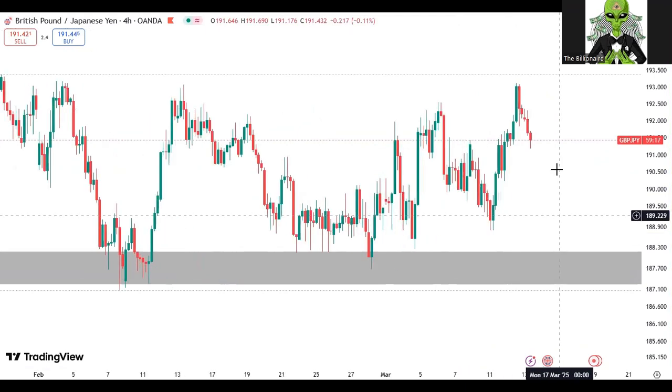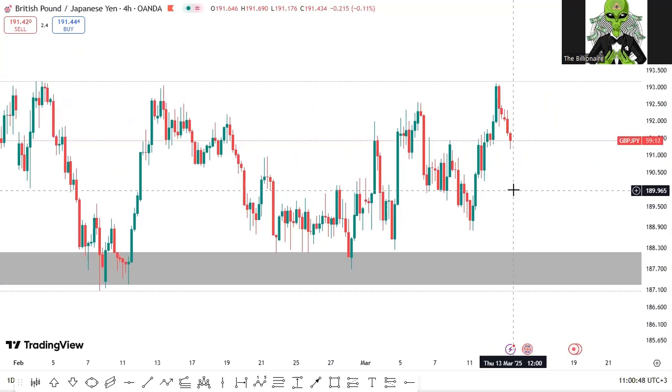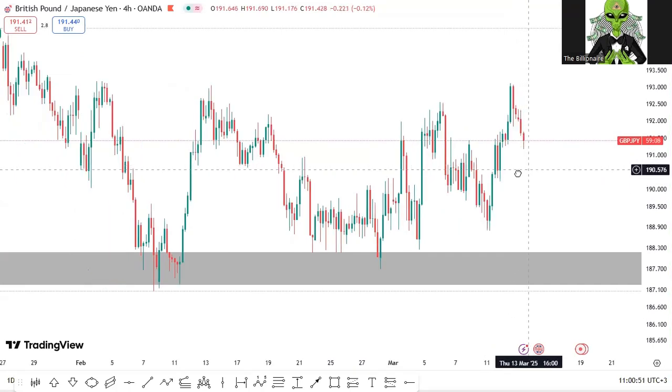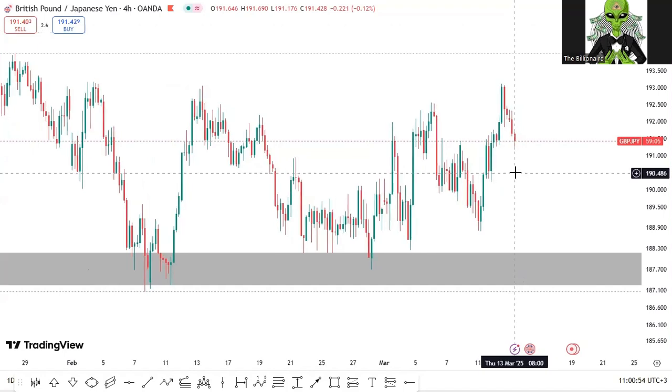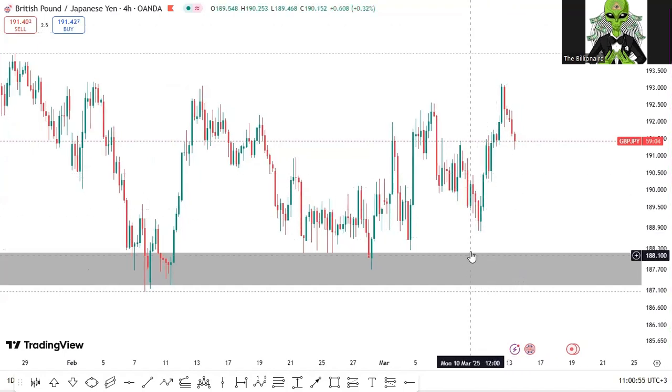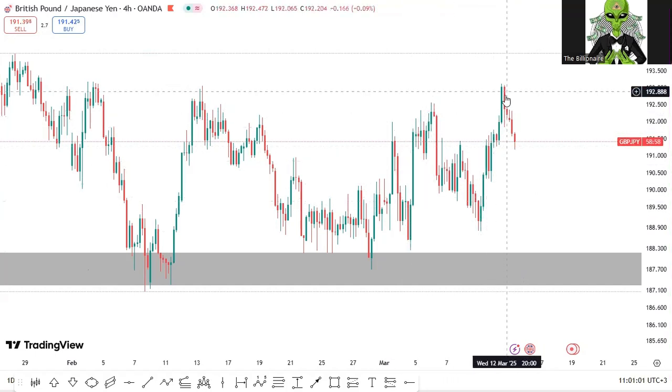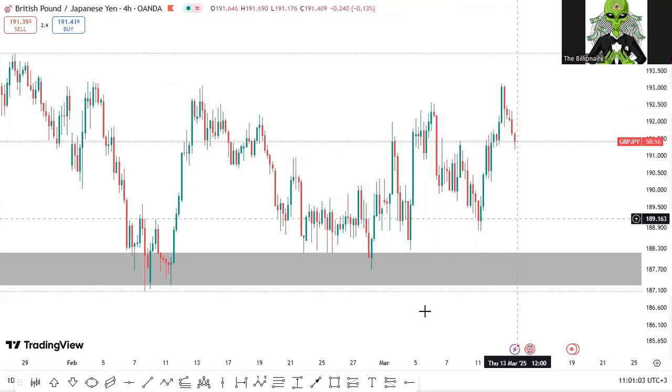So I'm going to assume that we may likely see a continuation to the upside. So I'm going to be looking for buys, because currently this support level is just too strong, and I'm seeing price attempting to go to the upside.